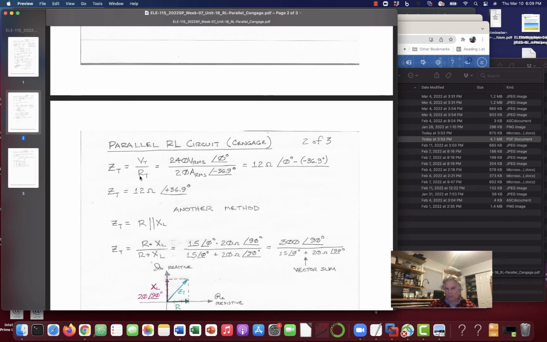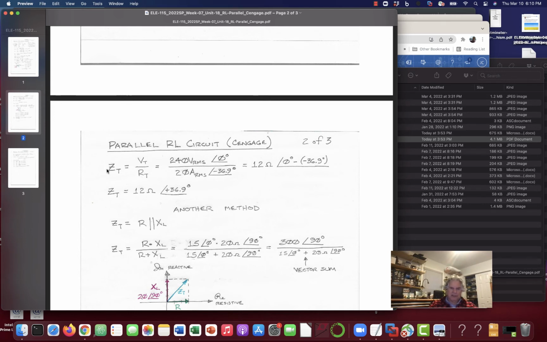I will try to rescan this and get this cleaned up for you. But yeah, this should be VT over IT. Sorry about that. You can see here I have V and I have I, so I don't know why I wrote R here. This is VT over IT. That's Ohm's law.